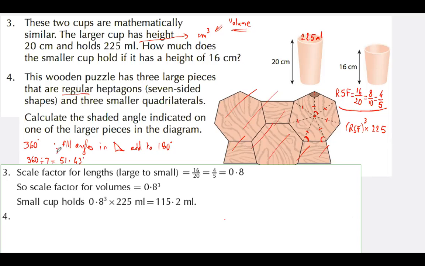Could have made it a bit simpler, I know. So it's rounded, 51.43 with 2 decimal places, you can say.